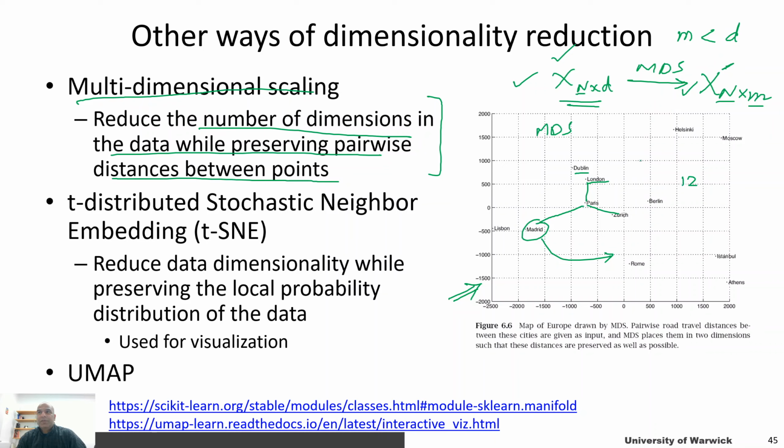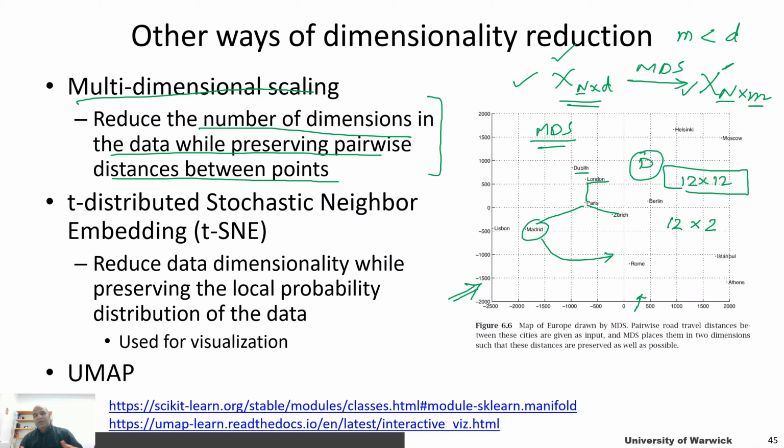The first step is we calculate a distance matrix, which is going to be of size 12 by 12. You can use Euclidean distance, or whatever distance you want. And once you get this distance matrix, for each of these 12 cities, you can get a two-dimensional representation, which is this, that preserves these distances in this particular space. So it's only based upon this distance matrix.